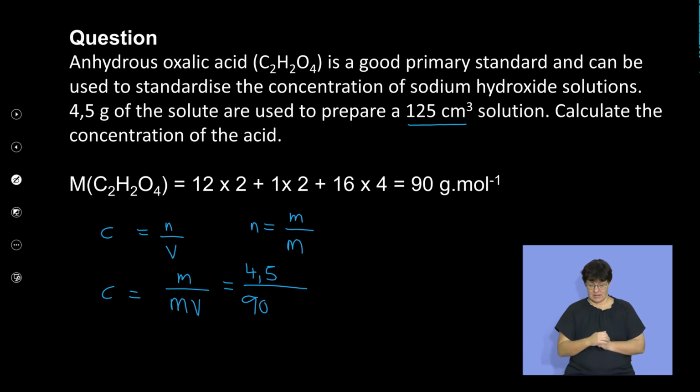So it's a homogeneous solution that will be formed. We convert 125 to cubic decimeters, we divide it by 1,000, which is 0.125 cubic decimeters. So we are able to determine the concentration.